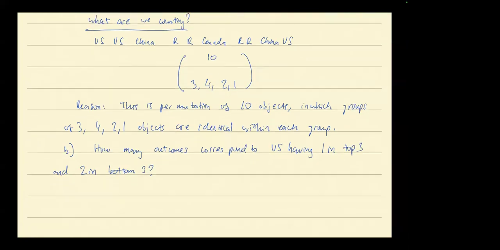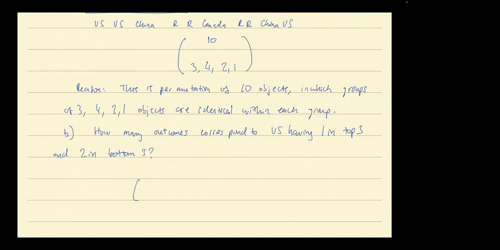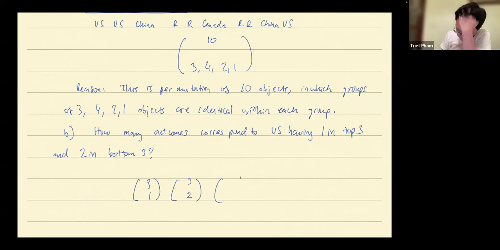3 choose 1 times 3 choose 2 times 7 factorial over 4 factorial times 2 factorial? Yeah, I believe the last one you referred to is the multinomial coefficient, 7 choose 4, 2, 1. Correct. Good. Very good. And I'm going to be a bit lazy here and not write down the reason. Can you tell me the reason?